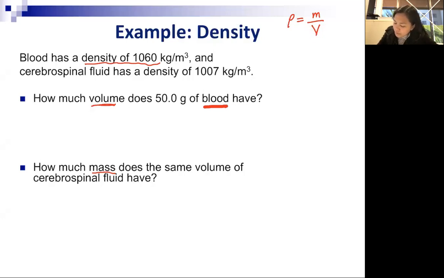The volume is below. So if I flip the equation so that you have 1 over density equals volume over mass, then I can multiply both sides by mass. That cancels out mass on the right hand side of the equation, because mass divided by mass is equal to 1. Therefore, I have the equation for volume: mass divided by the density.